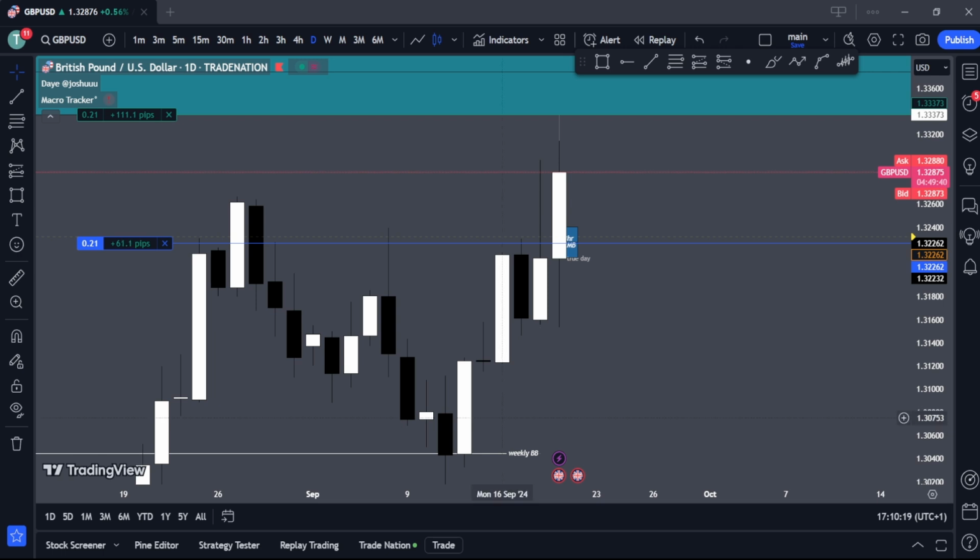What we've seen is Monday be the accumulation, Tuesday become the manipulation, Wednesday become the distribution, and consequently Thursday become the continuation or reversal. Because the high of Monday was swept and that opposes our bias, we have to wait for Thursday, which is obviously the continuation or reversal stage, which is today.